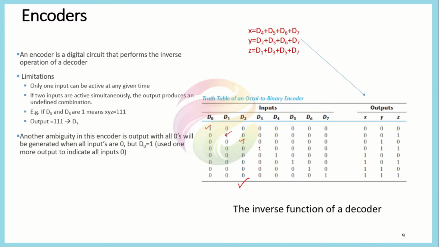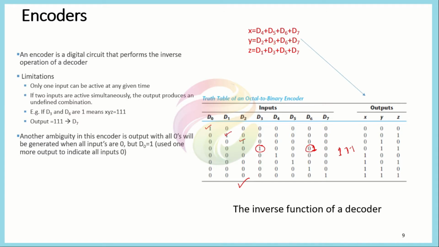For example, when we have D3 equal to 1, and suppose D6 also becomes equal to 1, then in that case we would get a combination in which we would have 1 1 1 at the output.